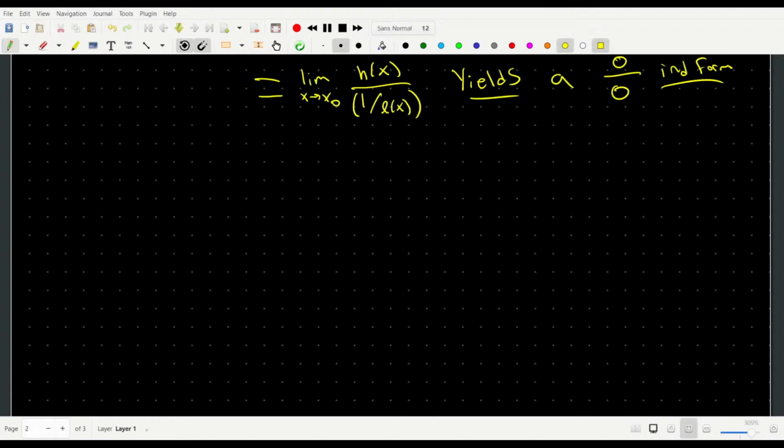So for the first example that I'll consider, let's look at the limit as t goes to 0 from the right, from the positive, so t is getting smaller and smaller and smaller, of t times the natural log of t.